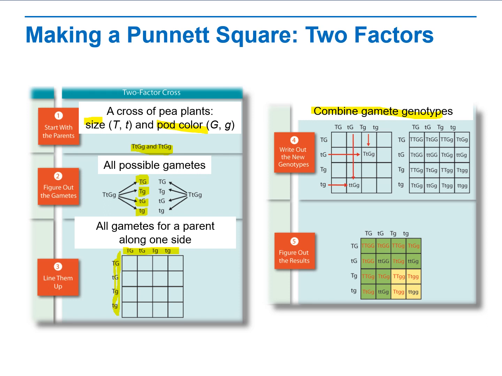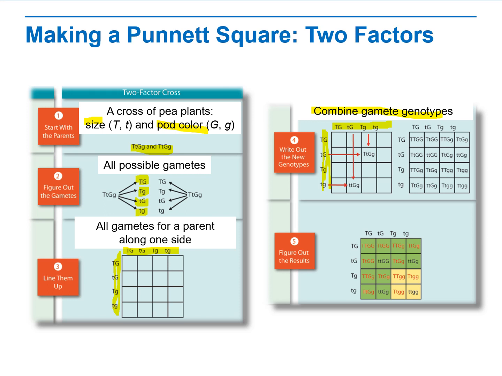You fill in the columns to match the headers of the columns, and you fill in the rows so that they match the headers of the rows. And then you end up with 4 alleles in each organism.